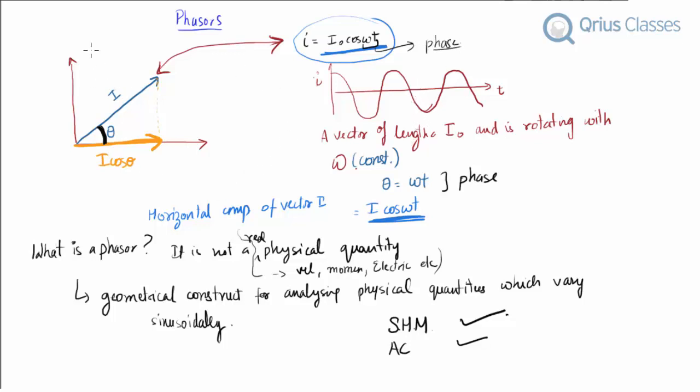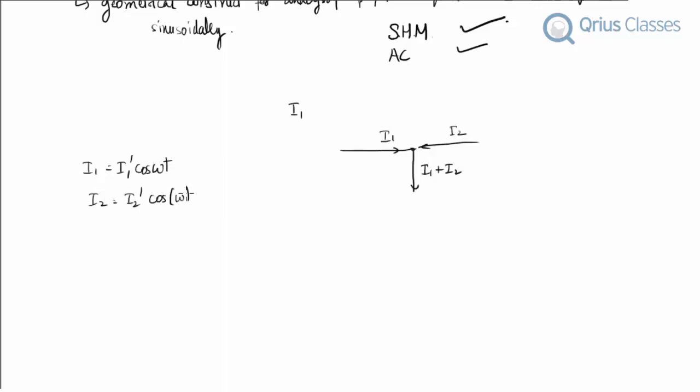And if we employ this method, we'll see how the addition of two quantities is affected, let us see by one example. If we have a current I1 coming at one junction, and from here the current coming is I2, the current that goes out here will be I1 plus I2. Say I1 was I1 dash cos omega t, and I2 was I2 dash cos of omega t plus phi.